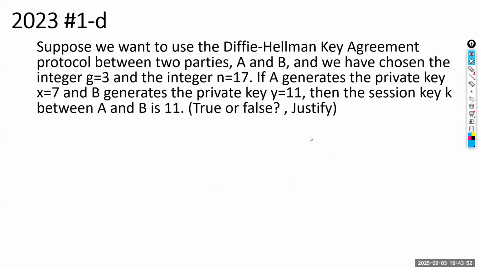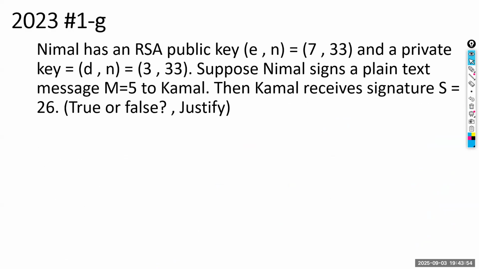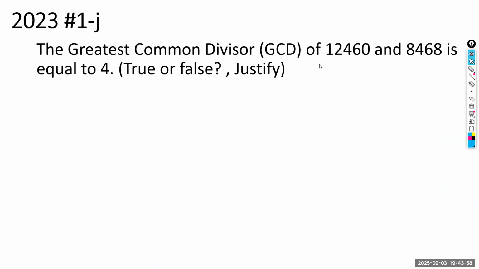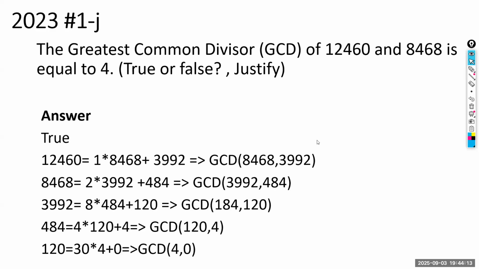Let's see whether there's another question. So this is another question, you should be able to do it. You start with 12,468 as this into 1 plus remainder. Then the next one. After some steps you will get 0.